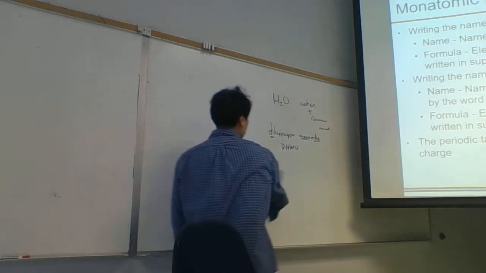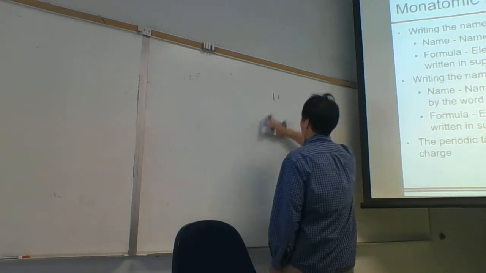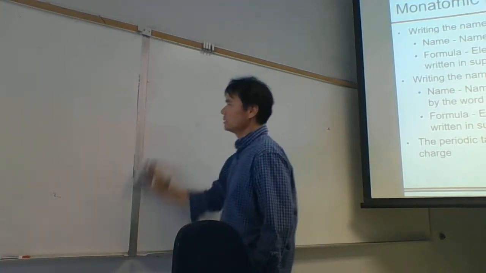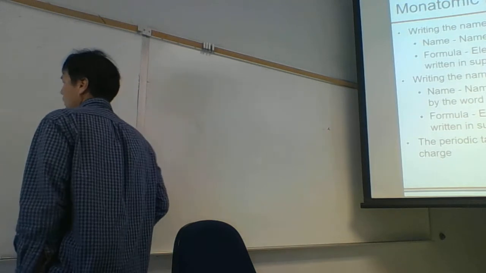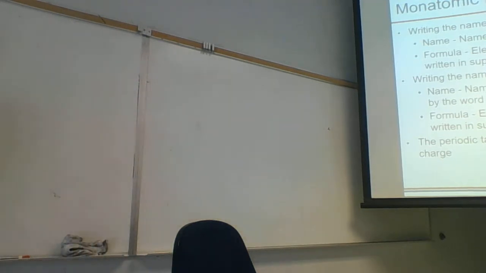There's a certain pattern in the periodic table that we can use to help us learn the monatomic ions. So we have the cations, which are like sodium with a positive charge. Sodium with a positive charge is called the sodium ion.